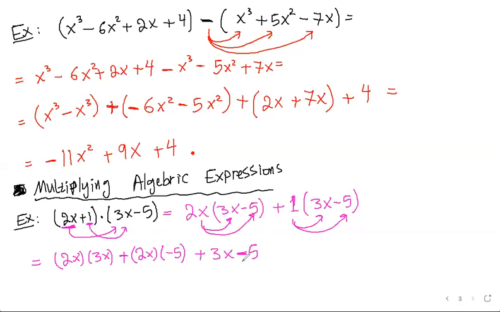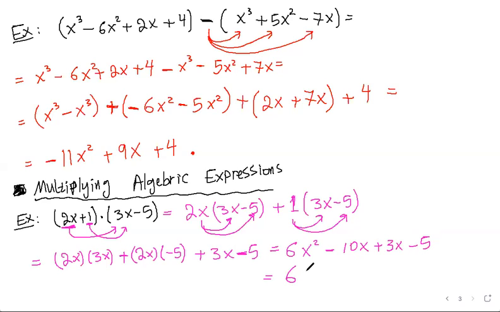We're simplifying. So 2 times 3 is 6. x times x is x squared. 2x times minus 5 is minus 10x, plus 3x, minus 5. Now minus 10x plus 3x is minus 7x.